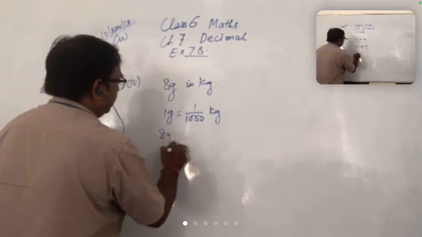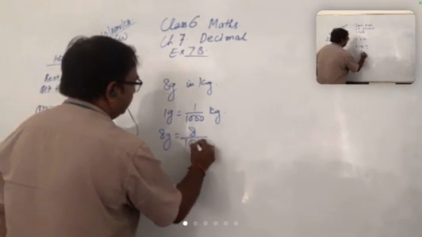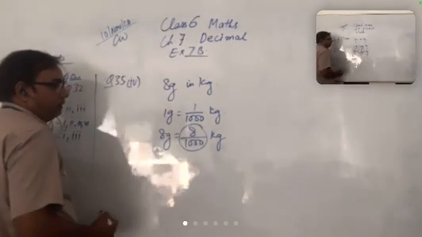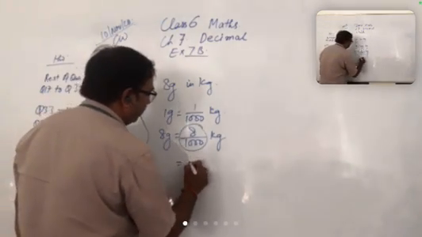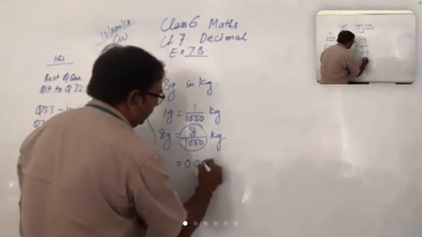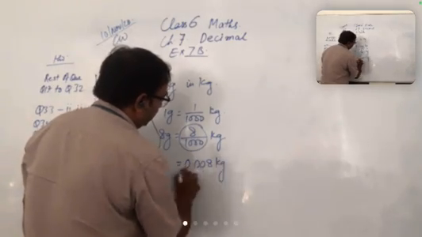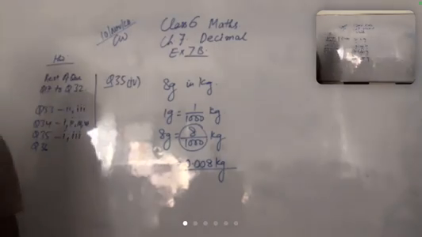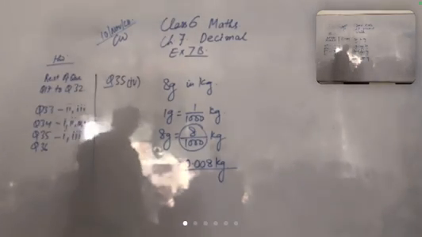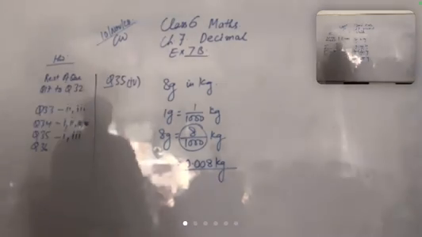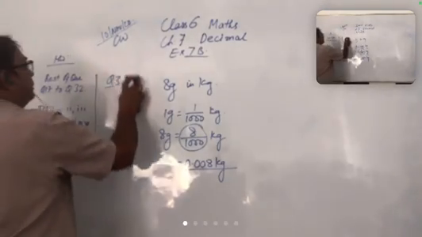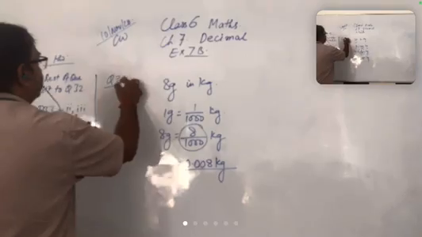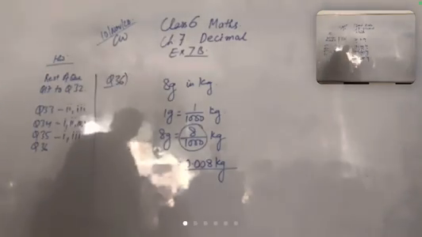So 8 gram is equal to 8 upon 1000 kg, and the actual right pronunciation is 8000, which is equal to 0.008 kg. Clear? Everyone just has to copy today. Copied?